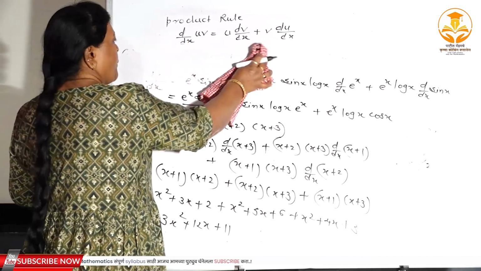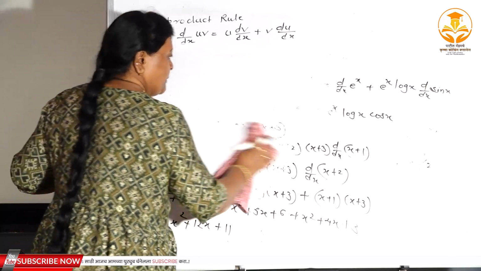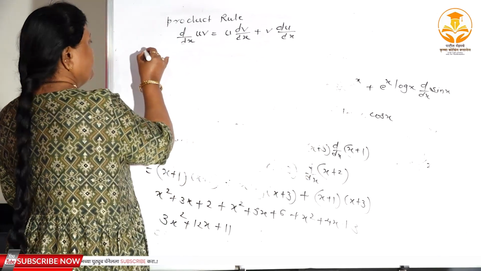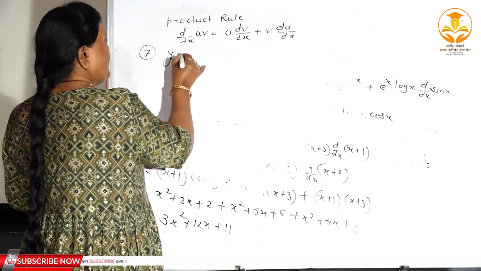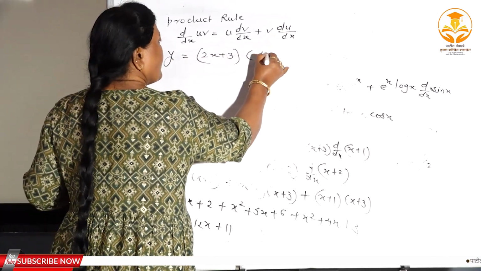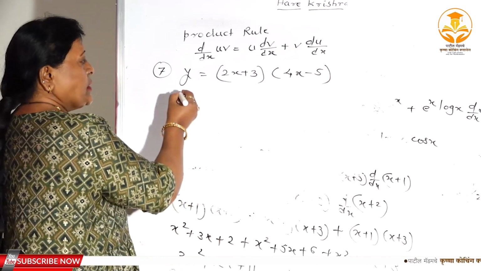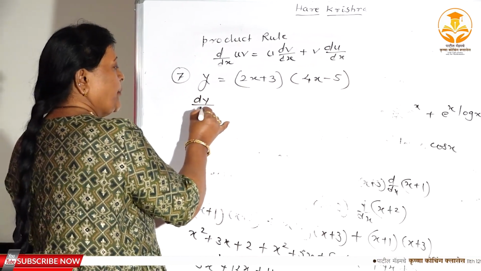Again I will take one more problem here. See the multiplication rule. Seventh one, y is equal to 2x plus 3, 4x minus 5, right? Again see how will you do this? dy by dx.